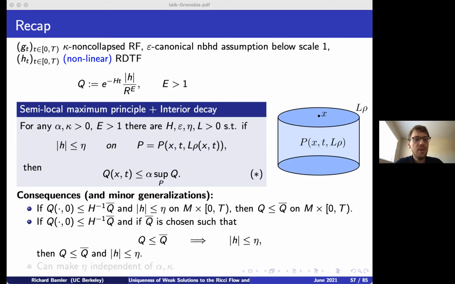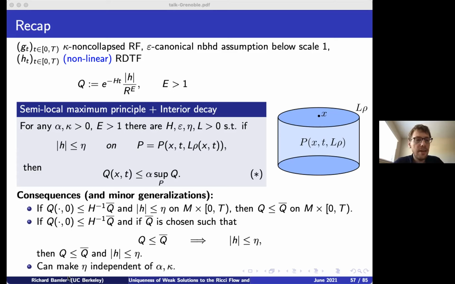So what we'll do quite often is that we'll only look at bounds of the form Q is less than Q bar in such a way that Q bar is chosen so that it implies that H is bounded by eta. If that's the case, we can drop this assumption, and we can prove as before that we can maintain a bound Q is bounded by Q bar over the entire flow, because this will automatically imply that H is bounded by eta.